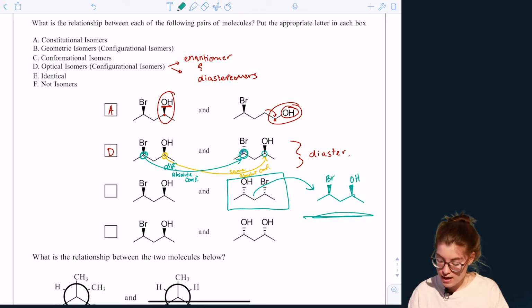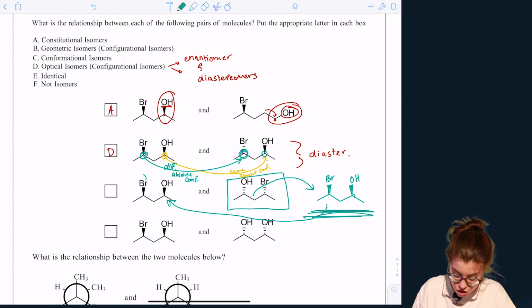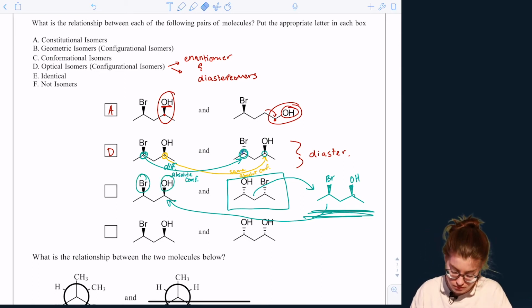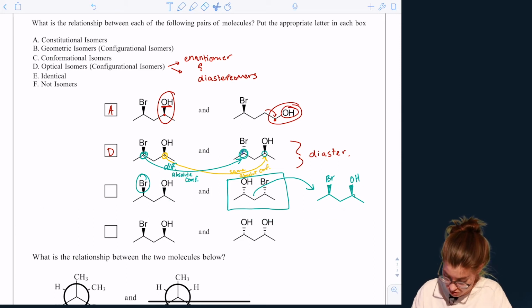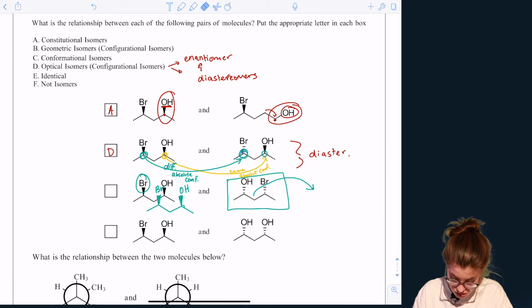And so now that I have this, I'm going to use it because it looks a little bit more like this in terms of lining up the functional groups. I'm going to use this molecule to compare to my other isomer. If I imagine it coming over here, how does it line up against my first molecule?